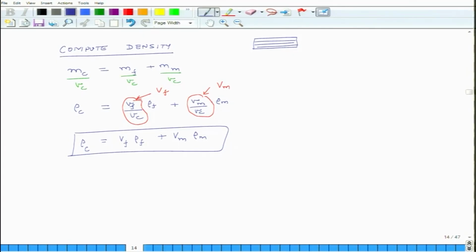Let us write a similar relation in terms of mass fractions. So, similarly we can also write that the total volume of the composite equals volume of fiber plus volume of matrix.